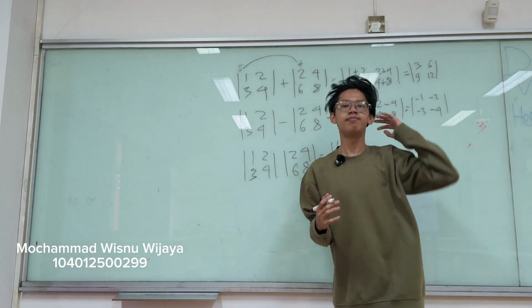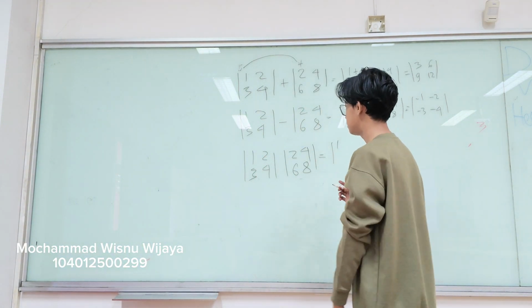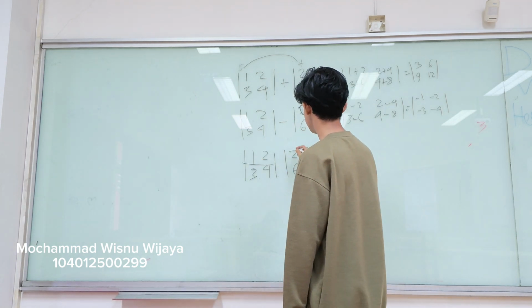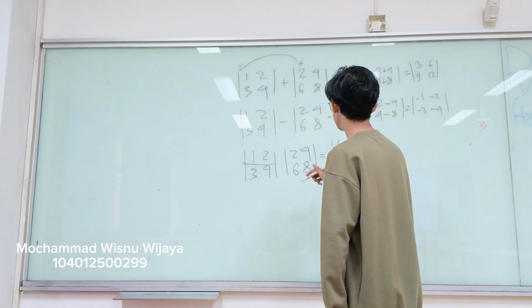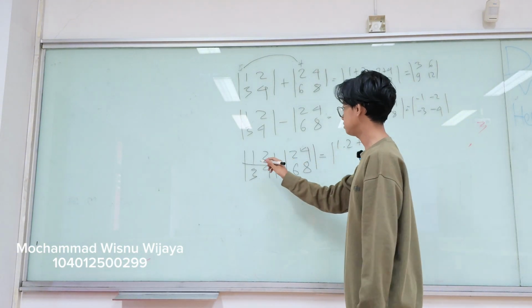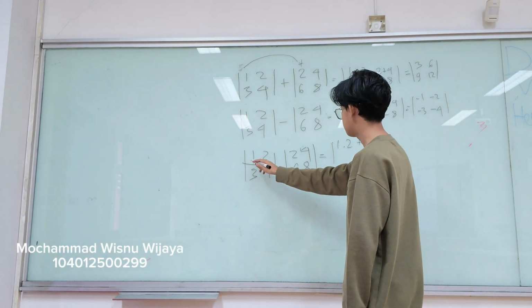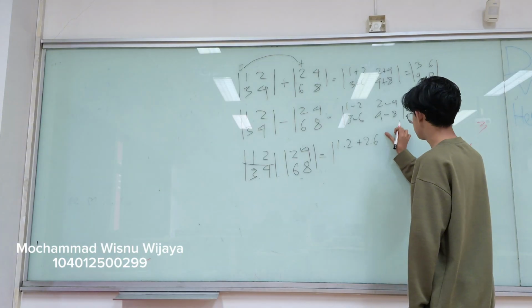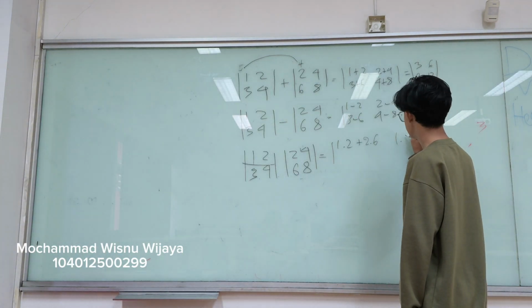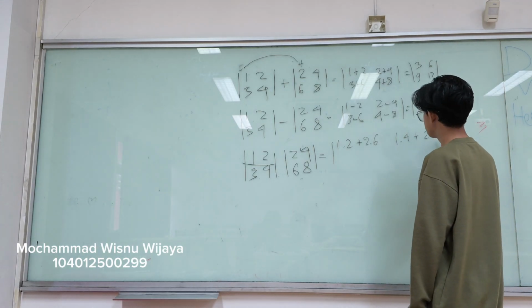Okay, for times, perkalian, is 1 times 2, this column and this baris, 1 times 2 plus 2 times 6, and for the second, 1 times 4 plus 2 times 8.